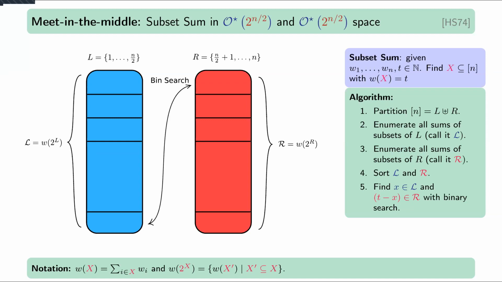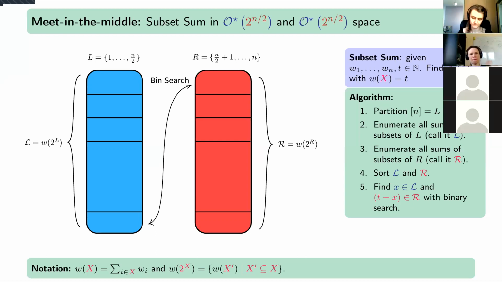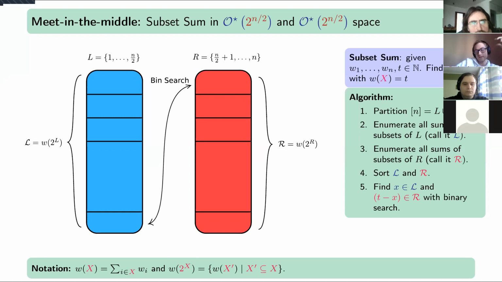Or we can do this clever two-pointer technique: put one pointer on the lowest element in calligraphic L and another on the highest element in calligraphic R, and depending on whether the sum is equal to T, or smaller or greater, move one of the pointers.